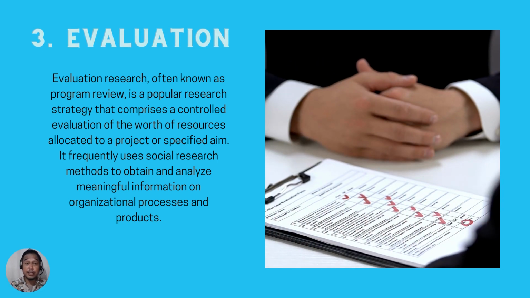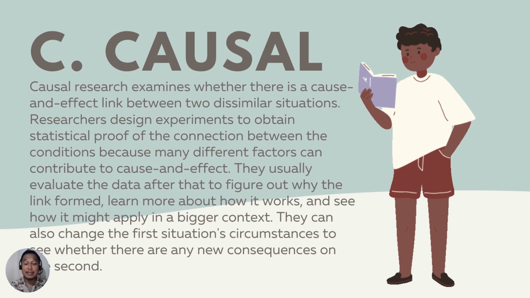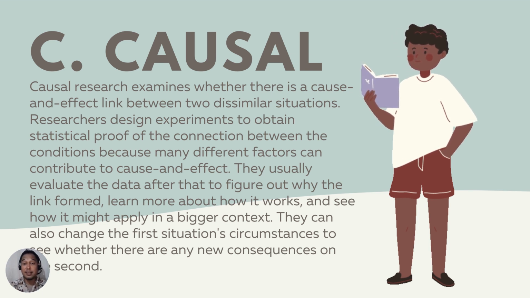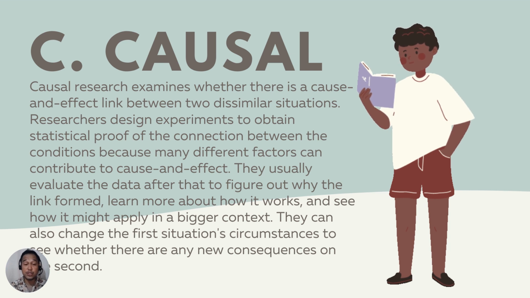Okay, so the third or the last category of quantitative research design is causal. So first we have the exploratory, then we have descriptive, and the third one is causal. So causal research examines whether there is a cause and effect link between two dissimilar situations.